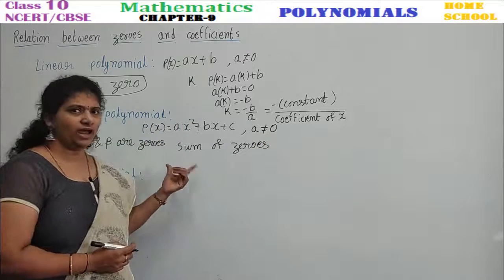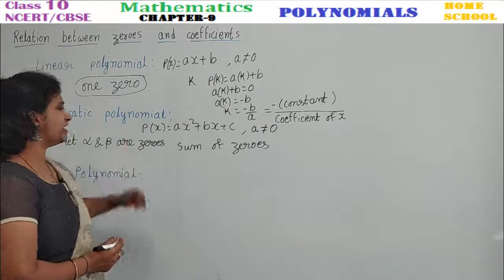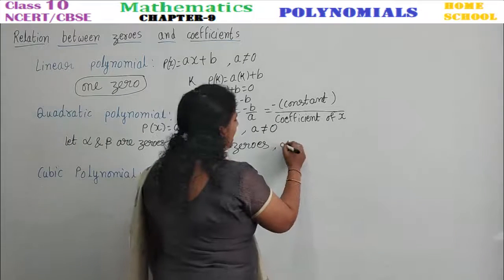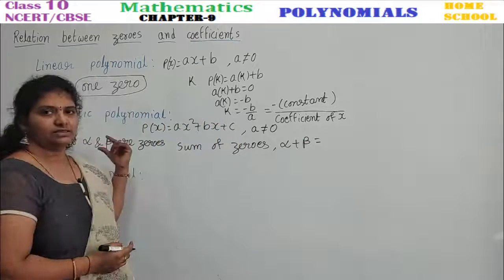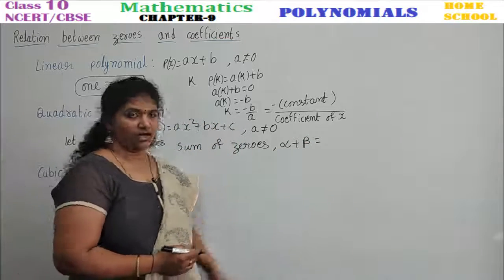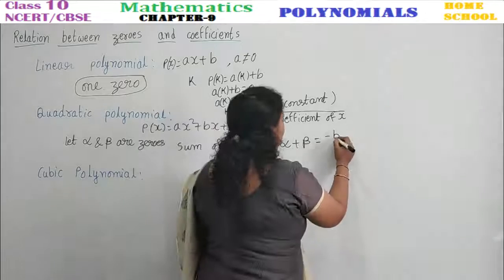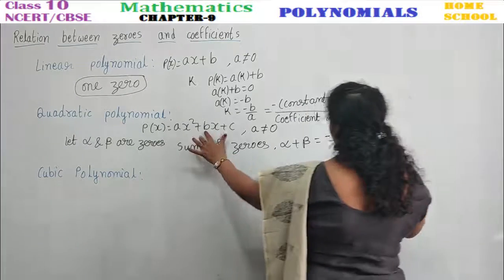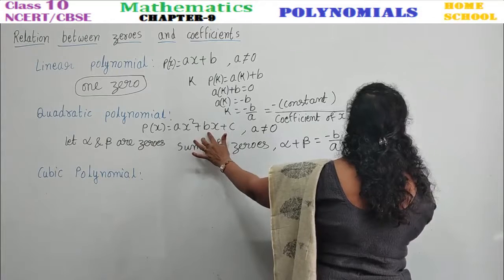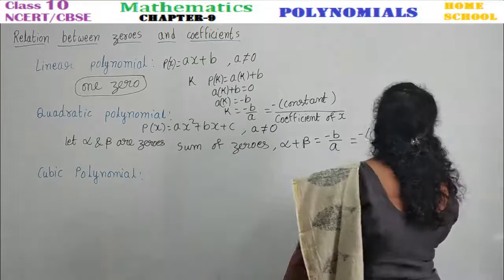Sum means what? Addition. Addition of zeros. That means alpha plus beta is equal to what? Sum of zeros is equal to minus b by a. Now in this polynomial, where is b, children? It is the coefficient of x.